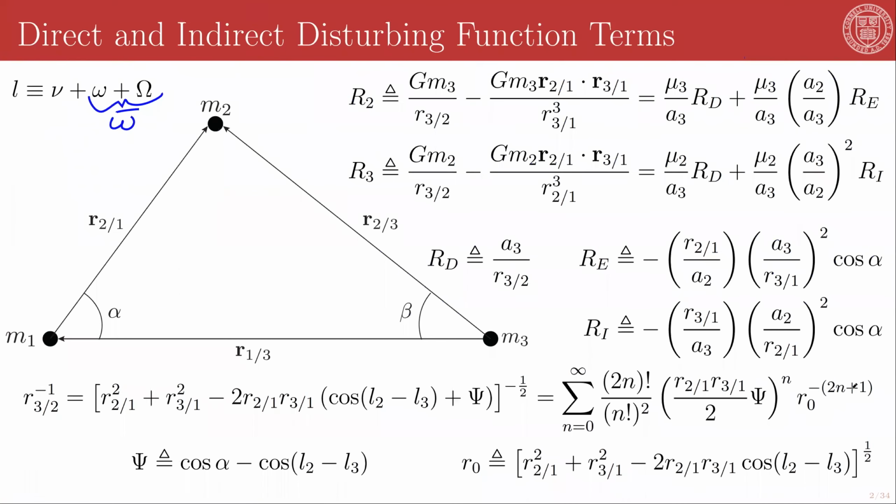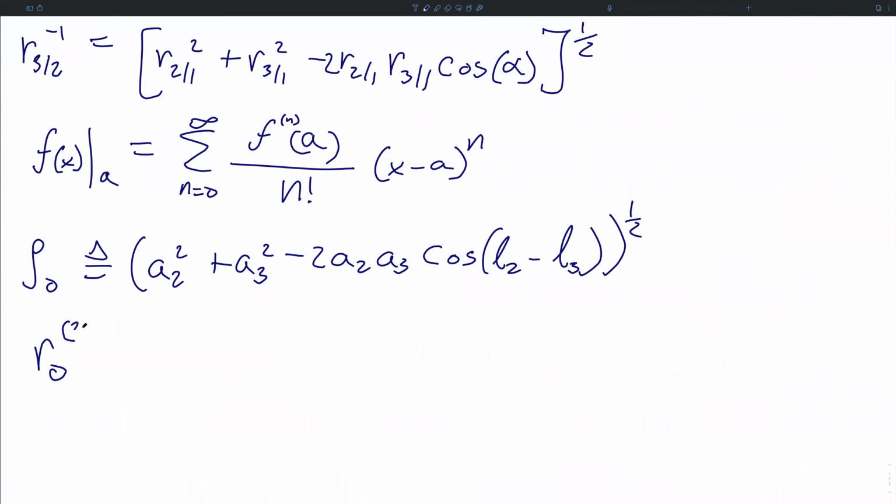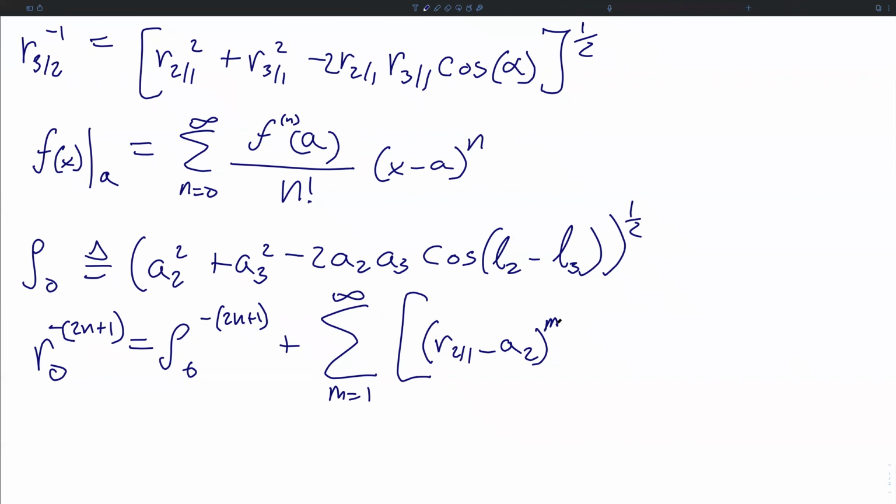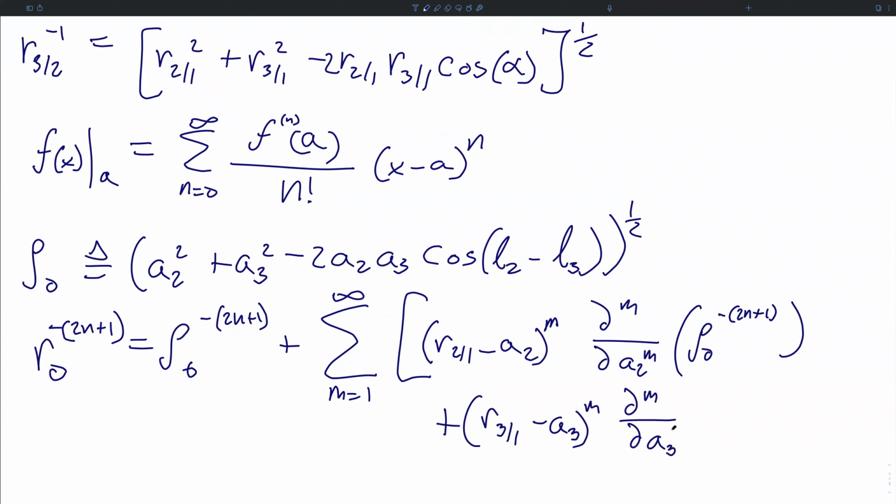If we Taylor expand this last term of this summation in rho naught, then we can write that r_0 to the negative (2n+1) is equal to rho naught to the negative (2n+1) plus the infinite summation over index m from 1 to infinity.